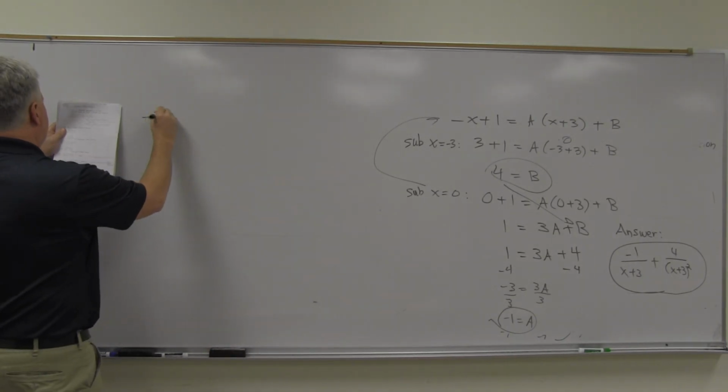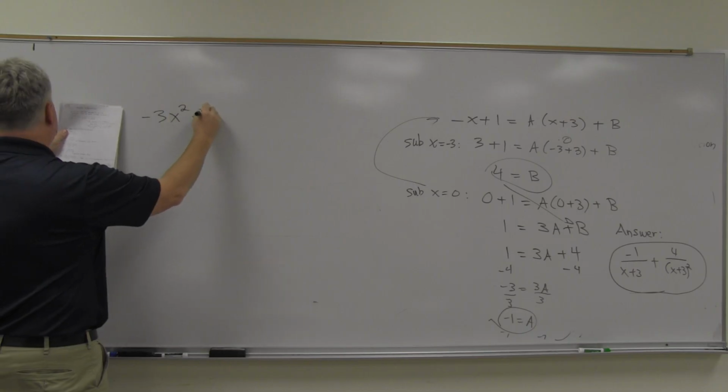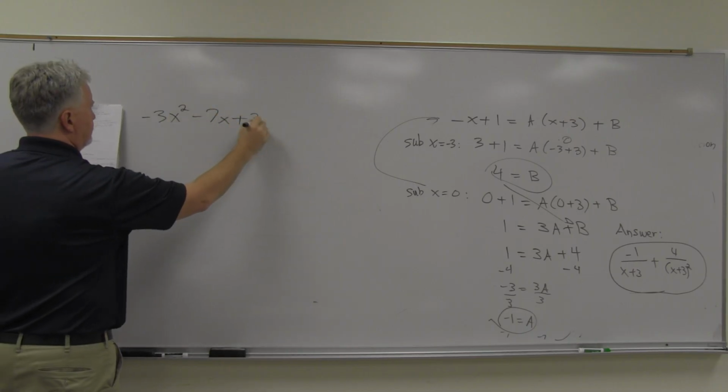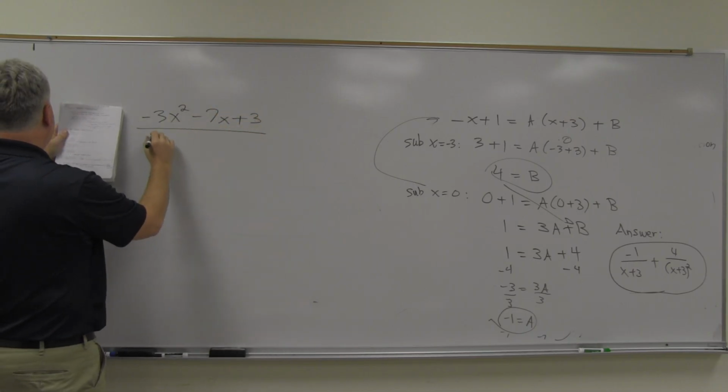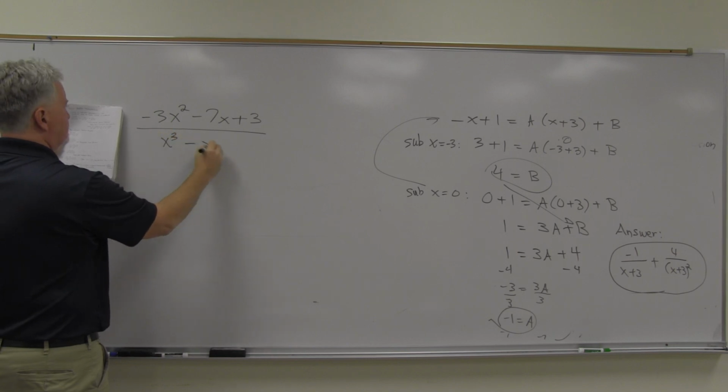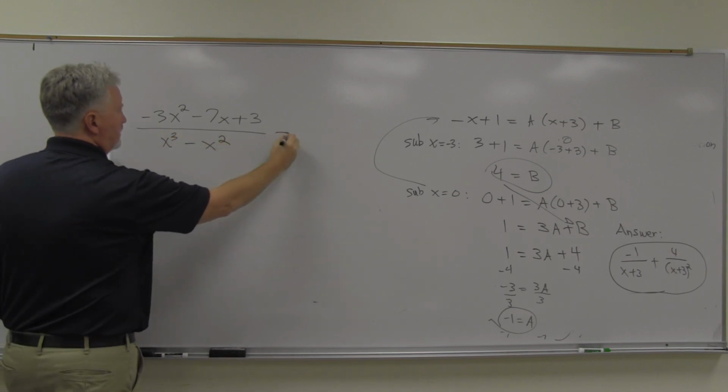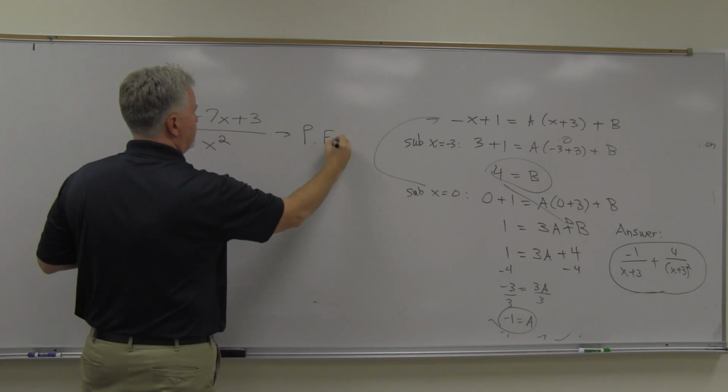All right, so let's do negative 3x squared minus 7x plus 3 over x cubed minus x squared. Partial fraction decomposition.